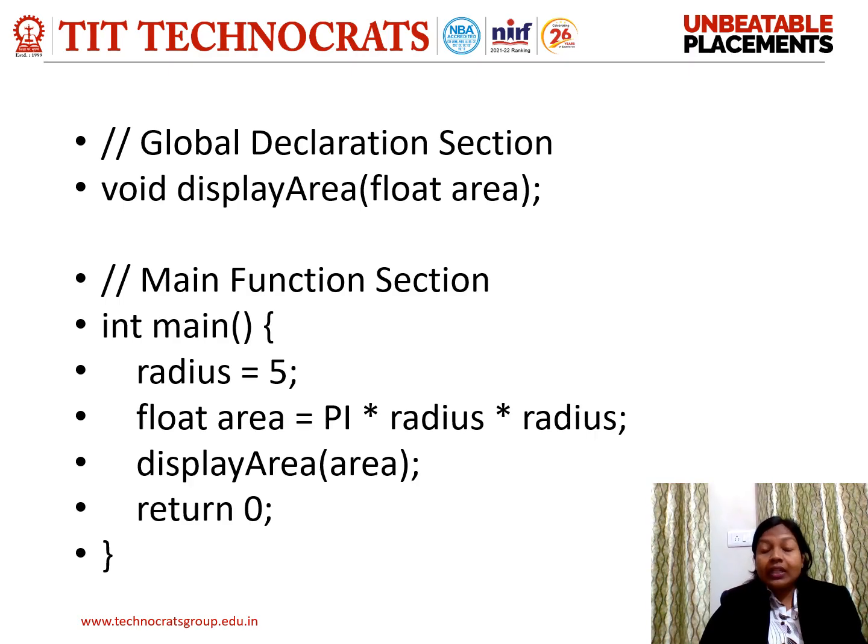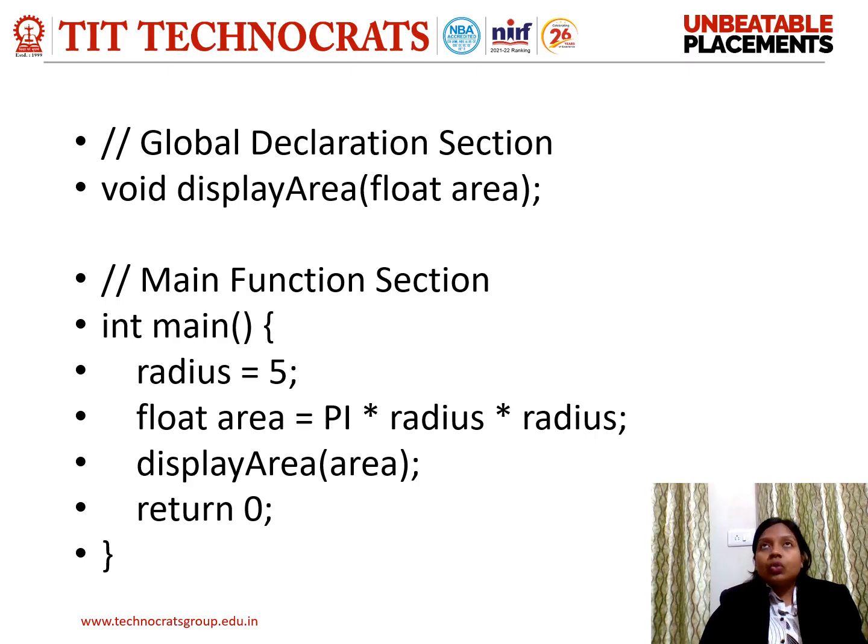No, it is not going to return any value. So what do we write? Void. Void means empty. Parameters, arguments that are passed and received. Which data type? Float data type.